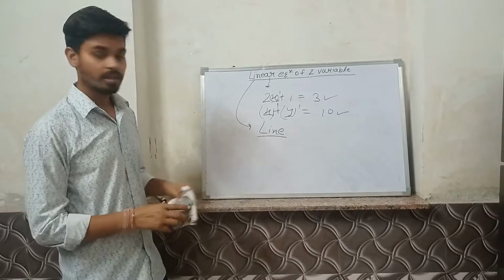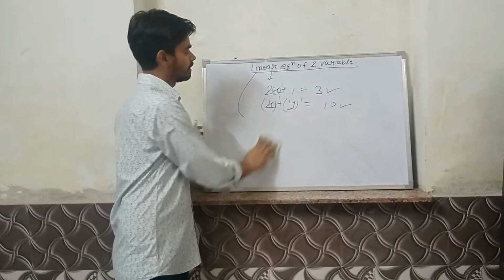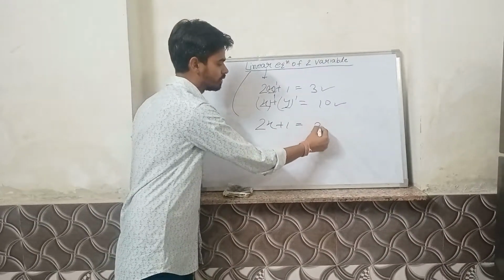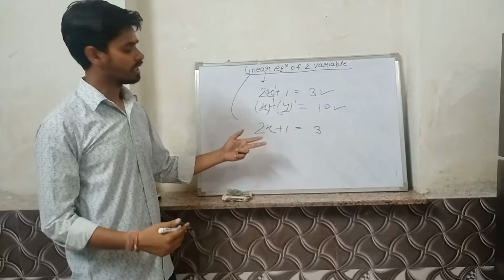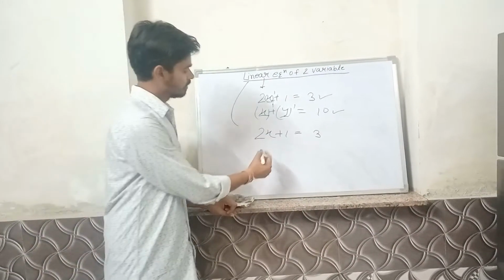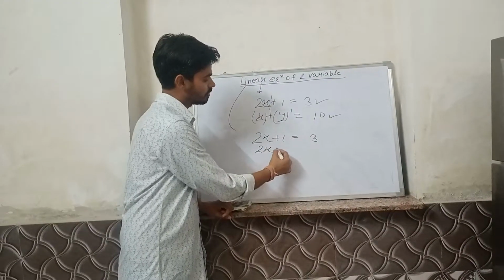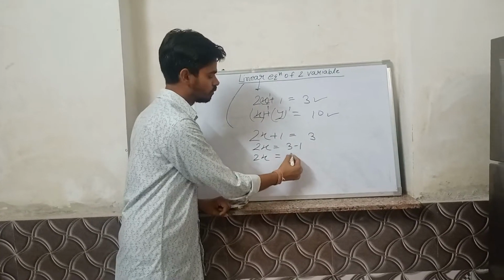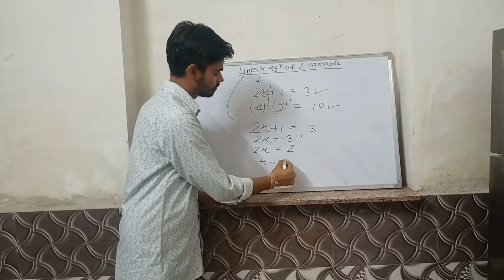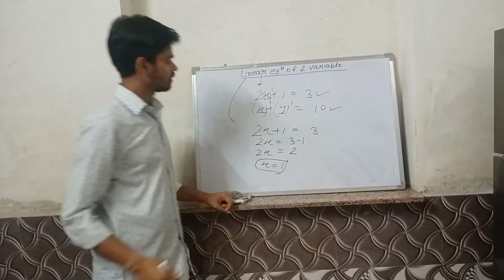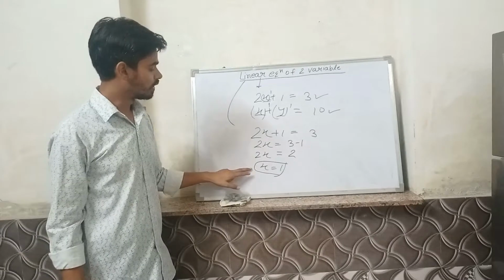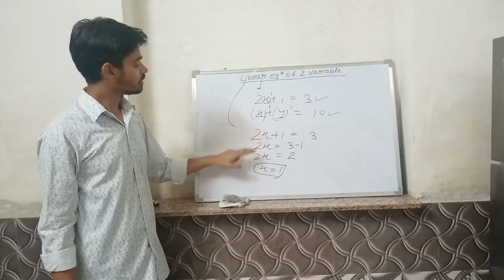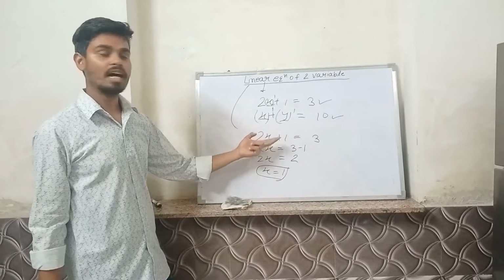So, first example, 2x plus 1 is equal to 3, in which we get, after solving, 3 minus 1, 2x is equal to 2, x is equal to 1. So x is equal to 1 is the only solution of a single variable equation, because only x is equal to 1 is always going to satisfy this equation.